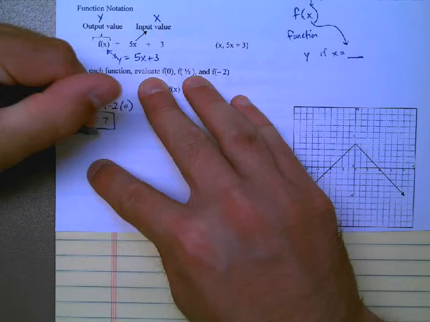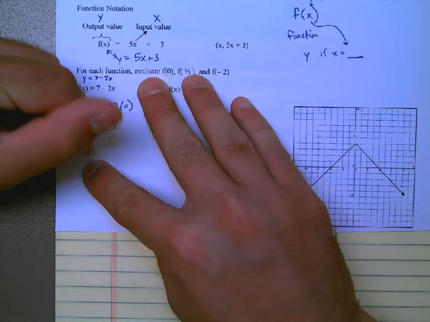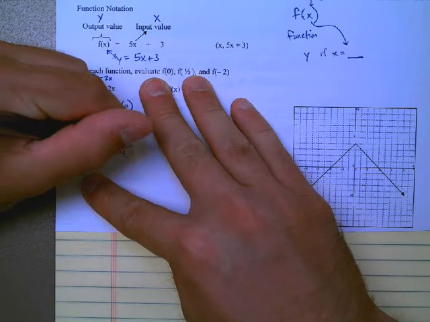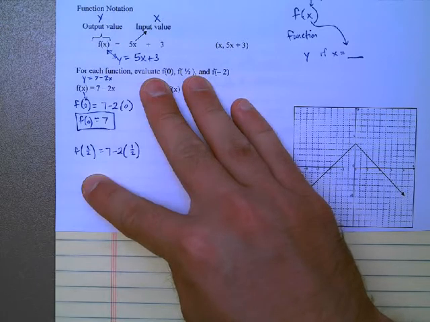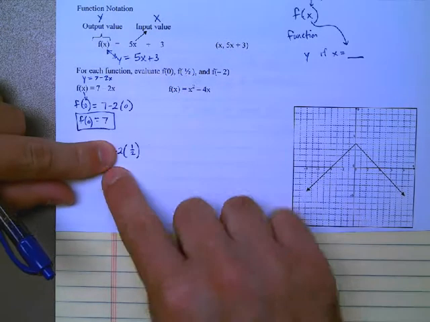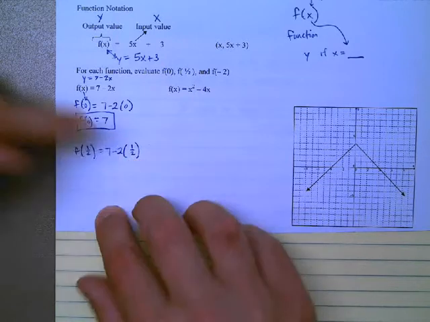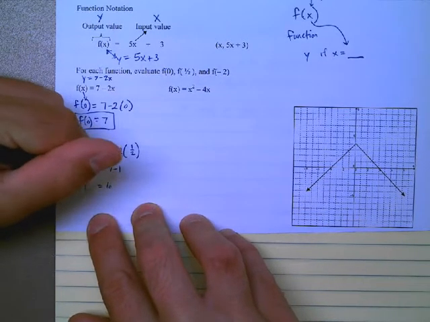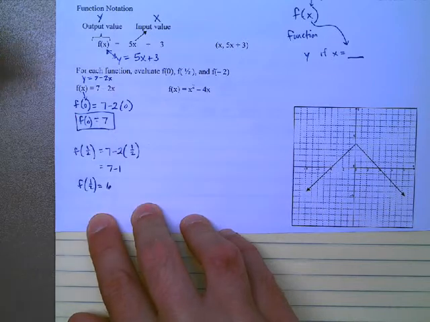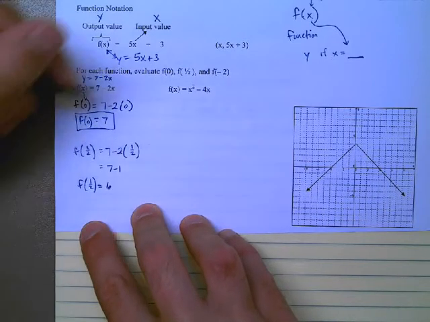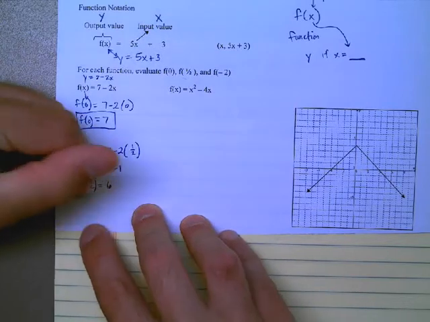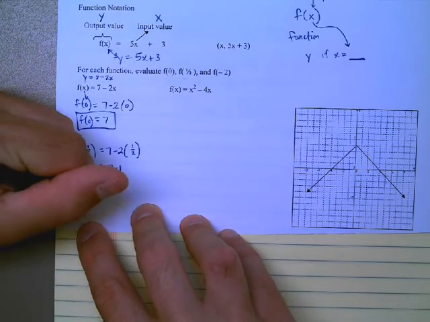If we evaluate at 1/2, f, whenever x is equal to 1/2, is going to be 7 minus 2 times 1/2. And so now all I have to do is take 2 times 1/2. Half of 2 is 1. So that must be equal to 6. The last one: what is f whenever x is equal to -2?